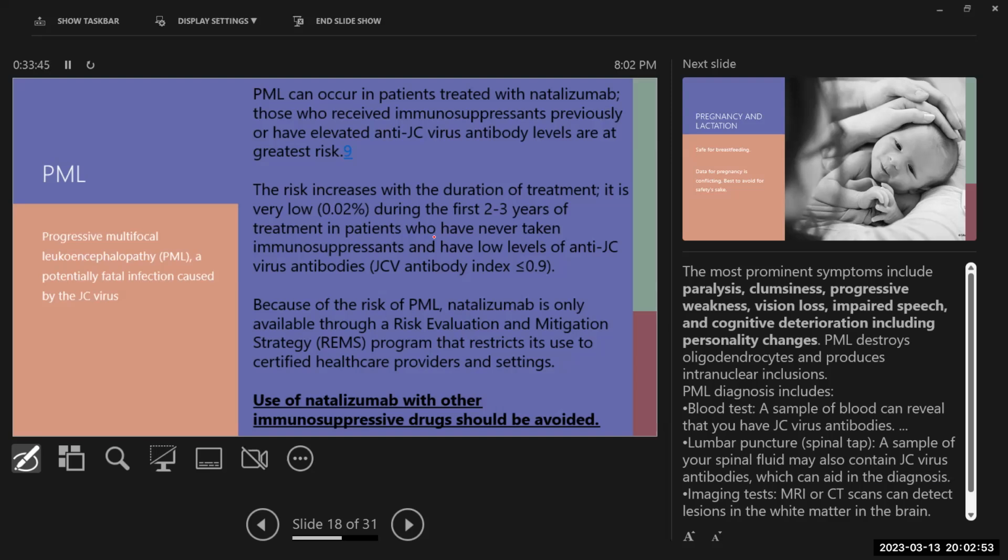Very effective drug, but you really have to watch for this progressive multifocal leukoencephalopathy, PML. And usually because natalizumab keeps people pretty even-keeled, all of a sudden they start getting symptoms. You pull the drug right away, because they probably have PML.